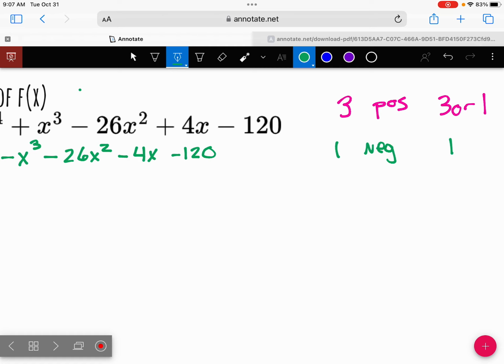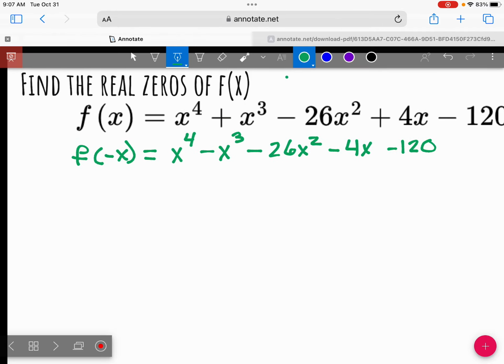So that's our next step, is to make our list of all possible real roots. And this is going to be a big list. Because our p is what value? 120. And our q is what value? 1.